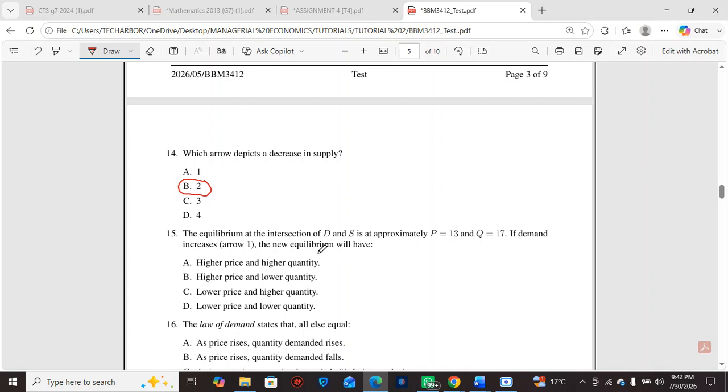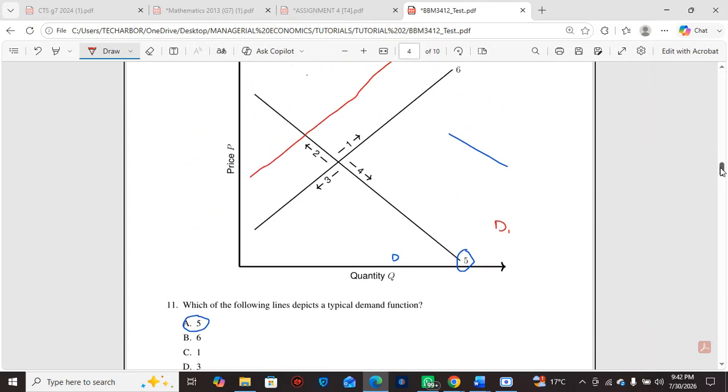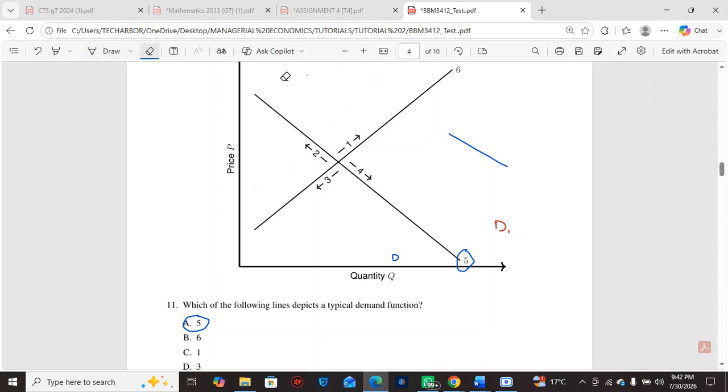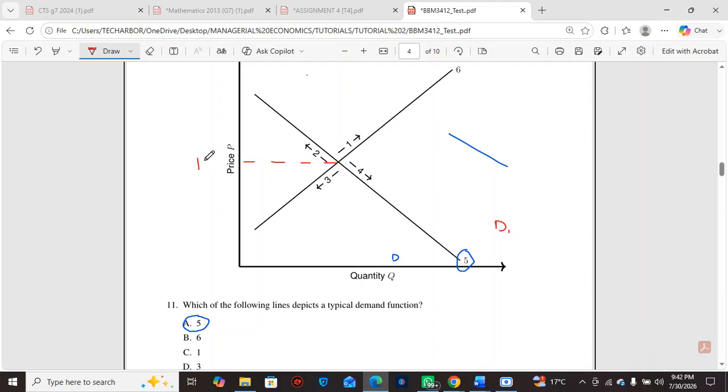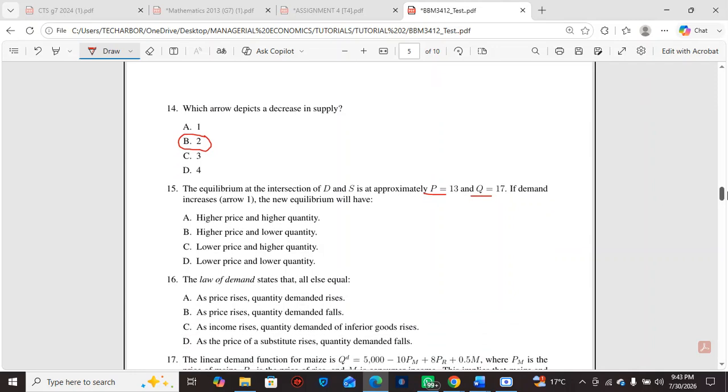Question 15. The equilibrium at the intersection of D and S is approximately P equals 13 and Q equals 17.